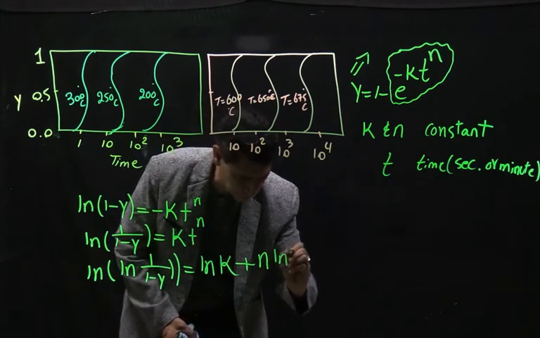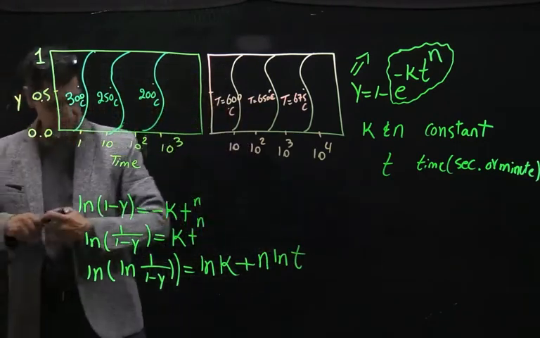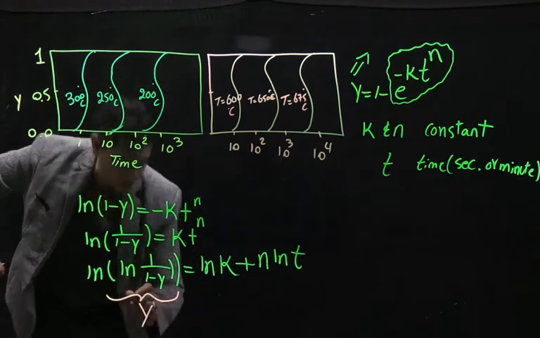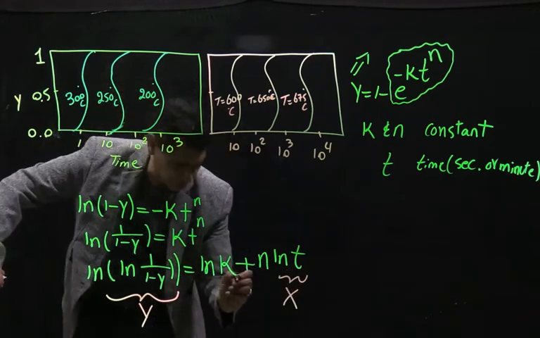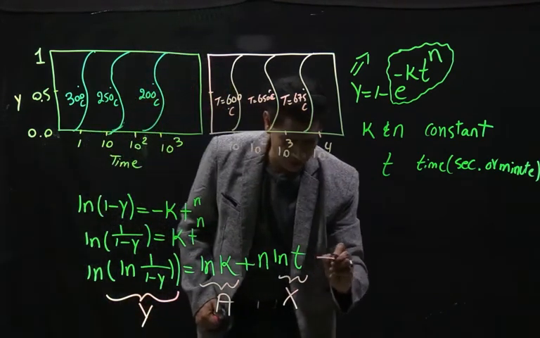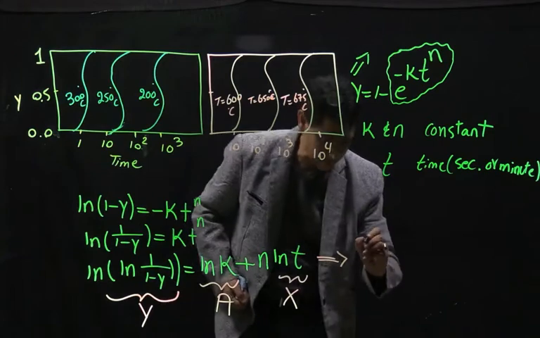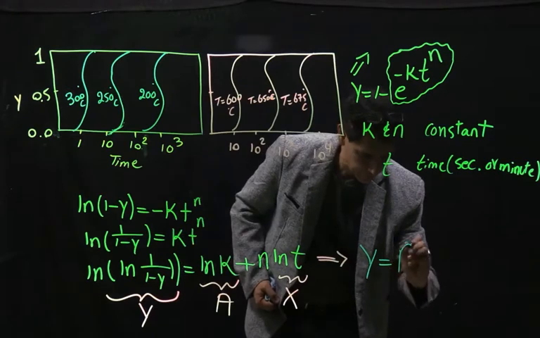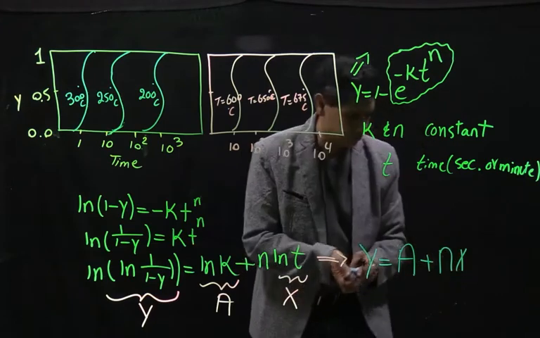It seems to be more confusing, but if you put it in a simple perspective, this I call y, and this I call x, and I call this one a, and n is the same as n. So what I have here is y equal to a plus n x.